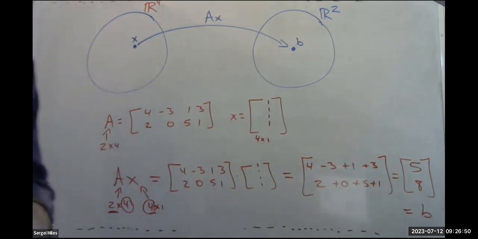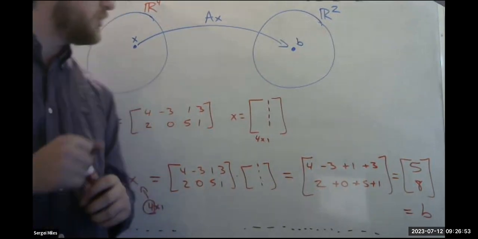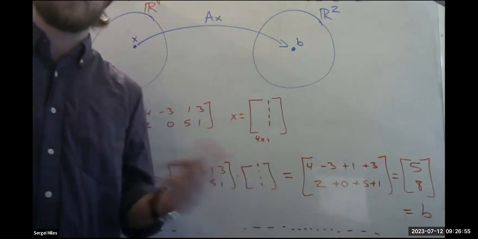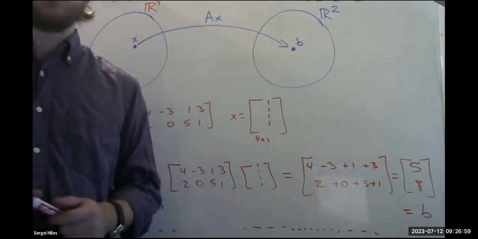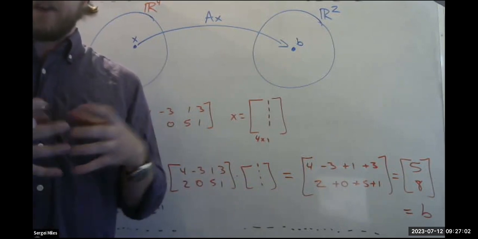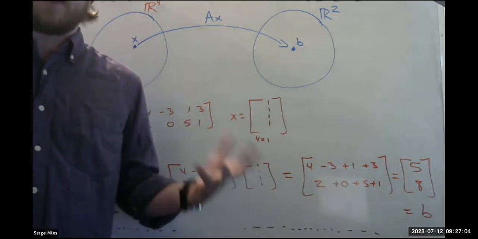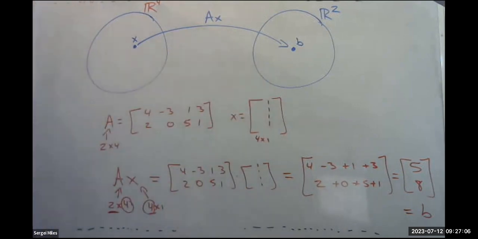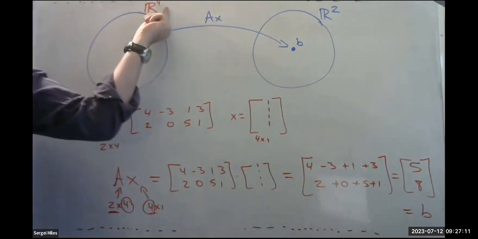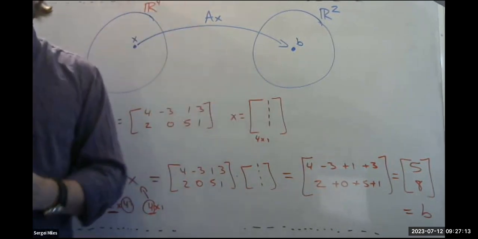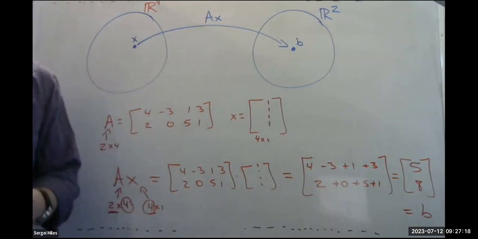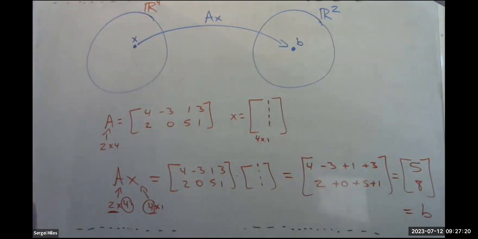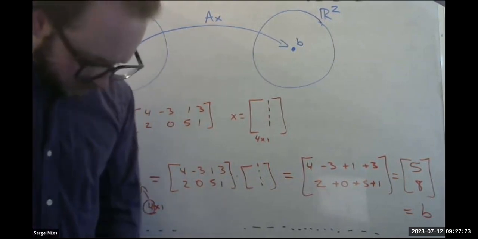Well, suppose you have some large file you want to send to somebody somewhere else, over an email, but maybe the file is too large. It takes up too much memory to send over email. That's an example of something that's maybe in R4, R5, R6. It's something that has a lot more entries to it. It's too big of a file.